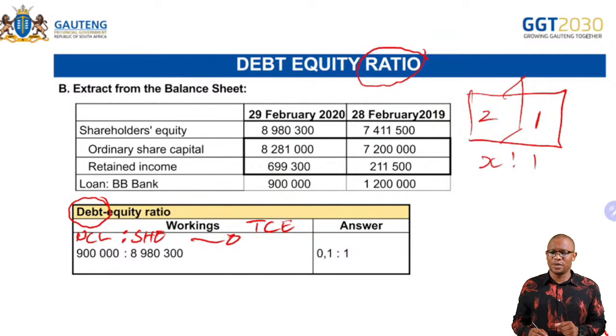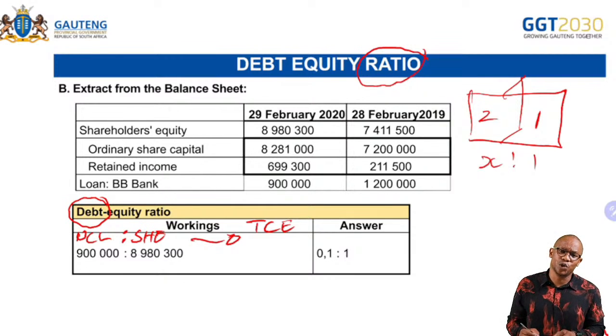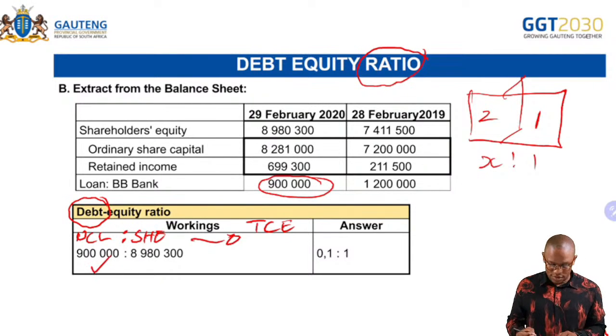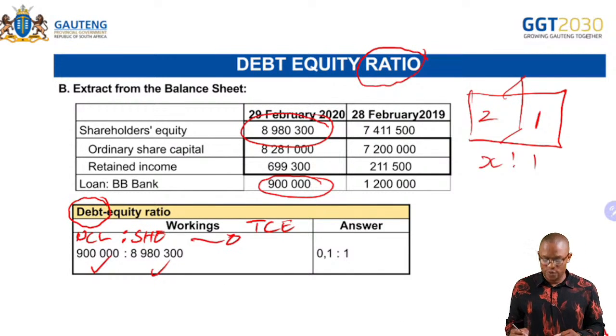I hope this helps you when you do your revision. Our loan here is 900,000. You get a mark. Then your shareholders' equity, there it is, you get a mark. Your answer will be 0.1 is to 1.